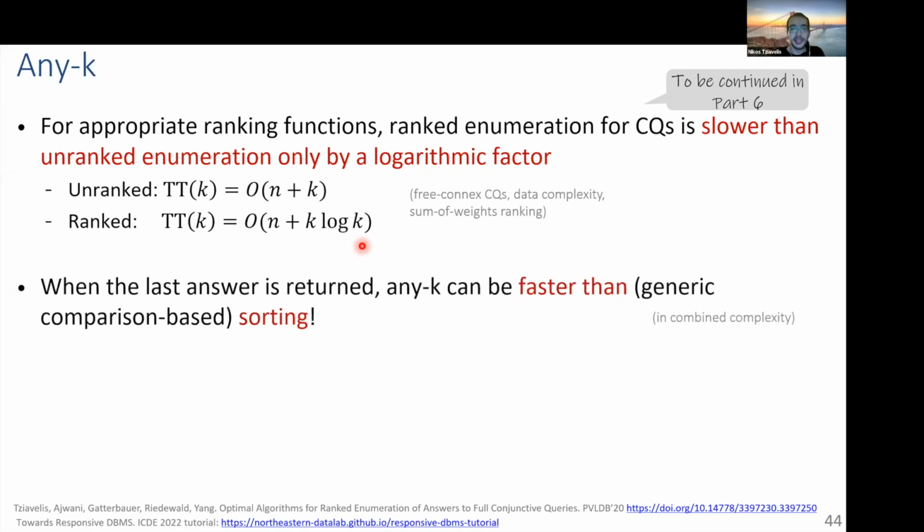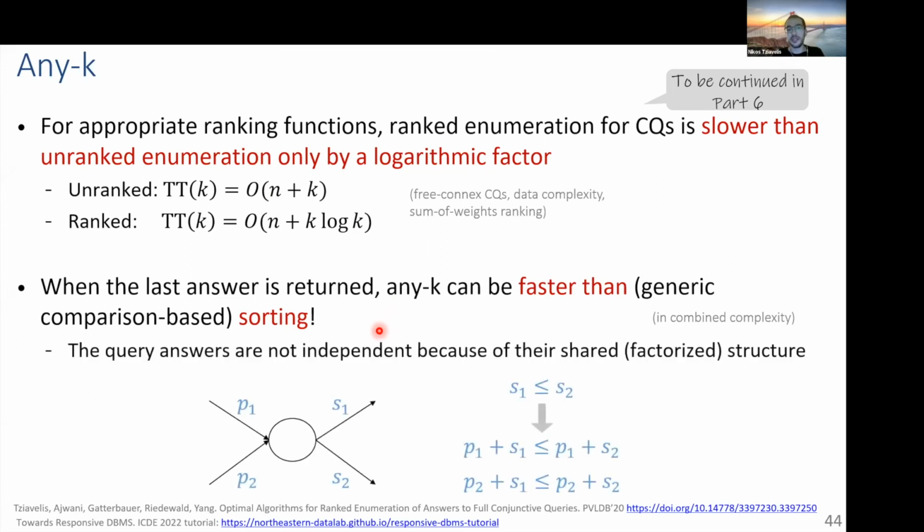Also, perhaps surprisingly, when we return the last answer, some NK algorithms can be even faster than generic comparison-based sorting, like, let's say, merge sort. And we saw that before in the experiment that I showed. And the reason is that query answers are not independent; they have a shared structure, and so we can store comparisons and reuse them to speed up the sorting.